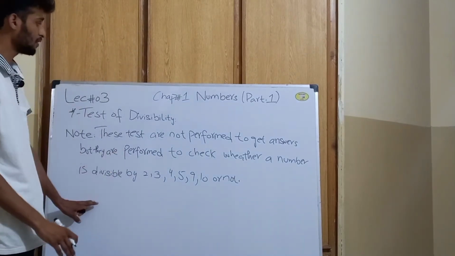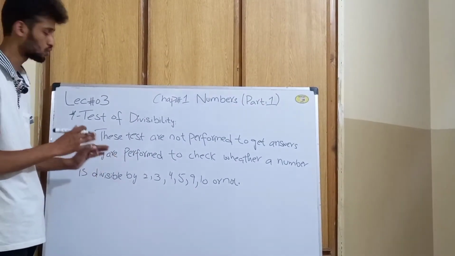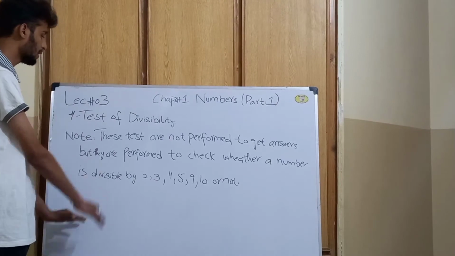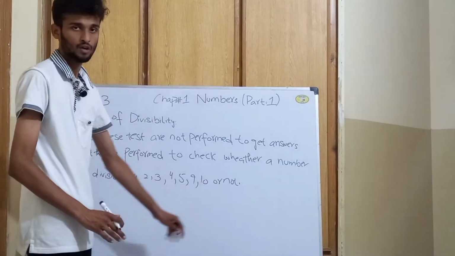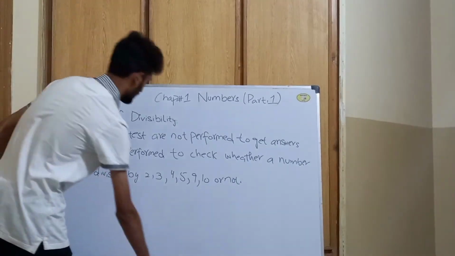So basically we perform these tests to check whether a number is divisible by 2, 3, 4, 5, 9, 10 or not. So let's start.